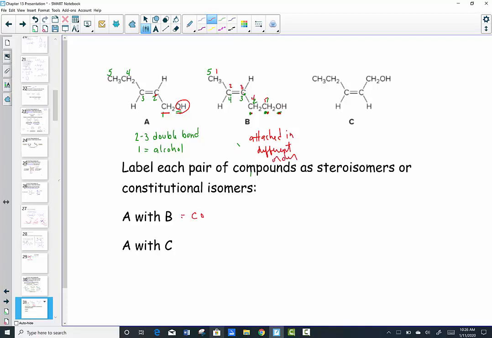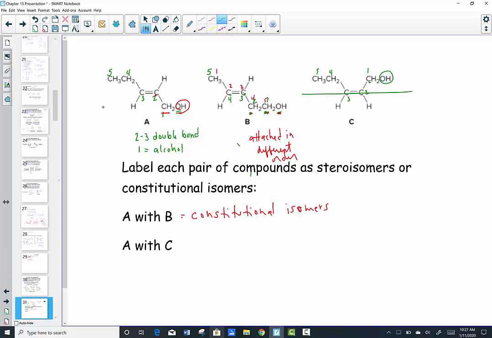Let's compare A with C. I already looked at A. Let's examine C. I have 1, 2, 3, 4, 5 carbons. That looks good. The alcohol is attached to just 1 carbon, then straight to the double bond. I like that. As we examine this, A and C are exactly the same order of attachment, except we are switching from cis and trans.